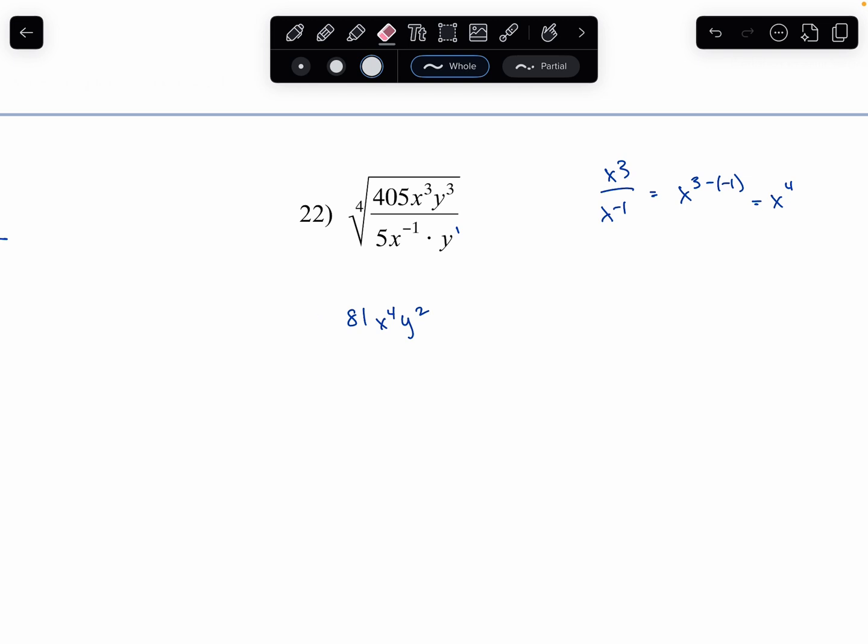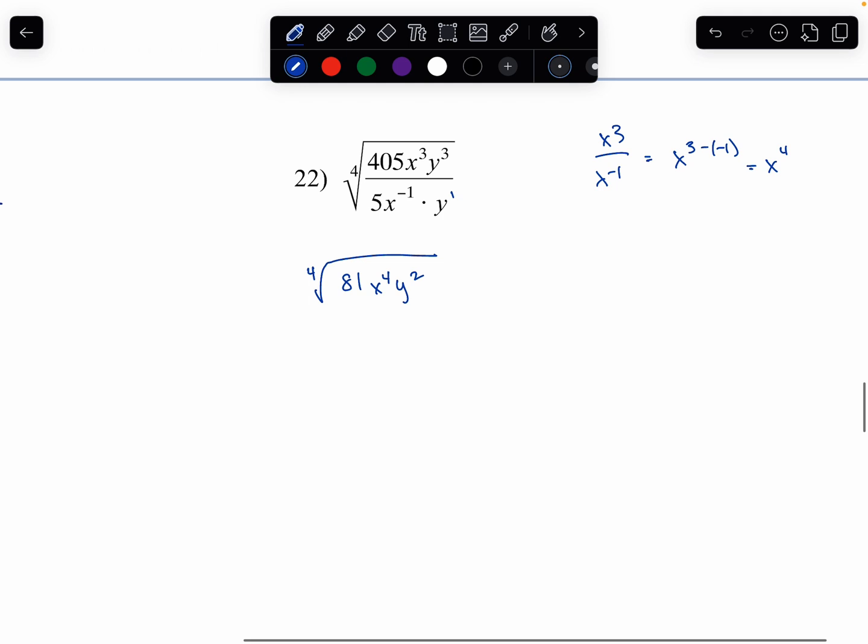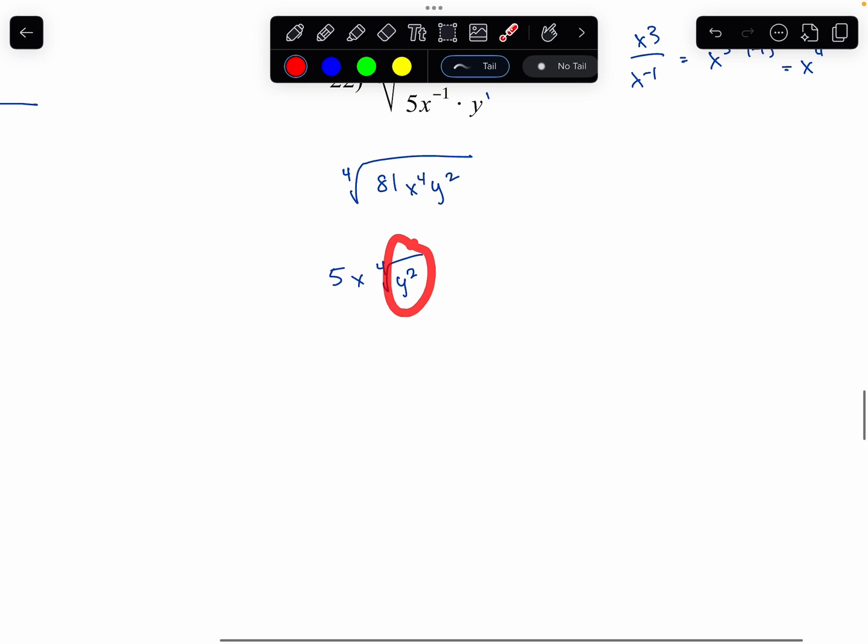So I've made it a lot easier to simplify the roots here. As we already established, the fourth root of 81 is 3, so I can bring a 3 out. And then the fourth root of x to the fourth, 4 goes into 4 once. So then I'm going to have x, and then I'm going to have the fourth root of y squared. And I can simplify this one right here.